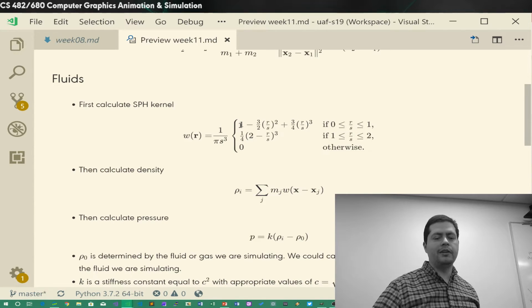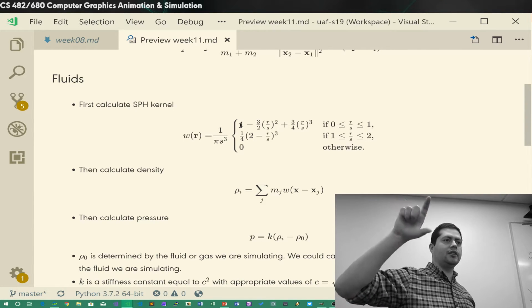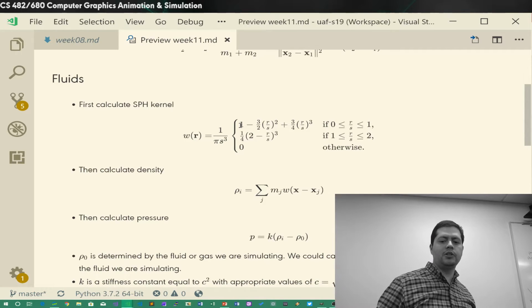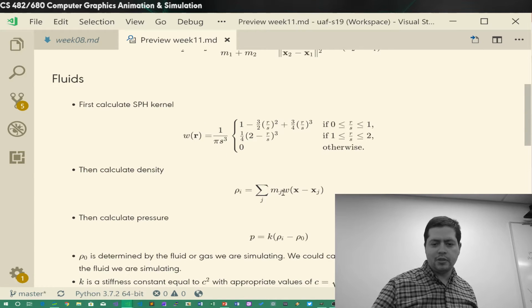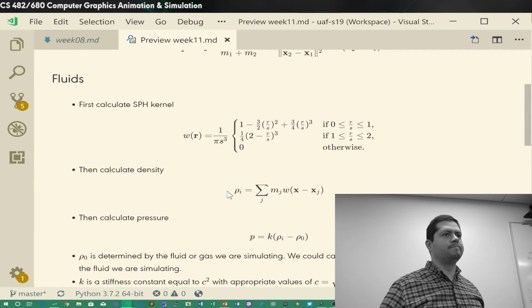So if we're going from particle I to particle I, there's no distance between the two. So technically we always map the mass, right? What does it tell us about the mass of particle I to particle I? What happens to density?